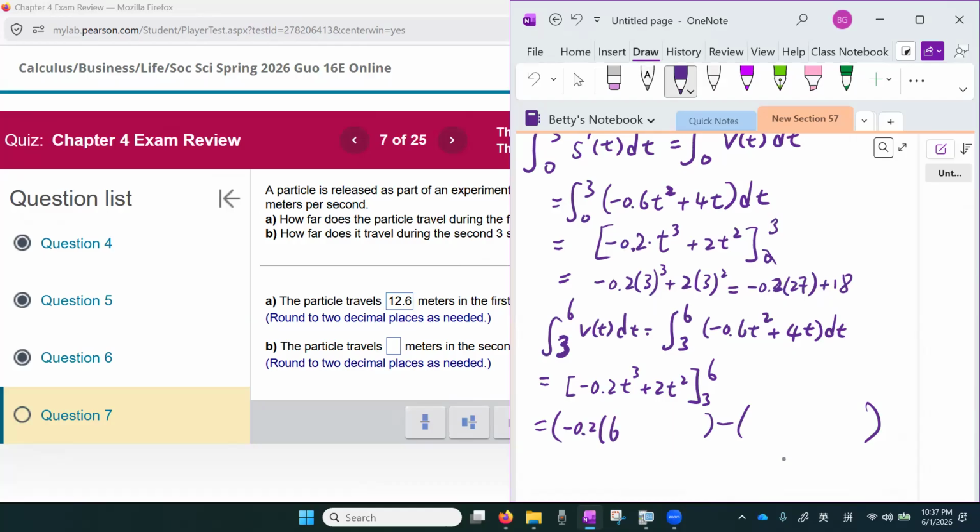Negative 0.2 times 6 cubed plus 2 times 6 squared. In the second parentheses, we plug in 3. Negative 0.2 times 3 cubed plus 2 times 3 squared.